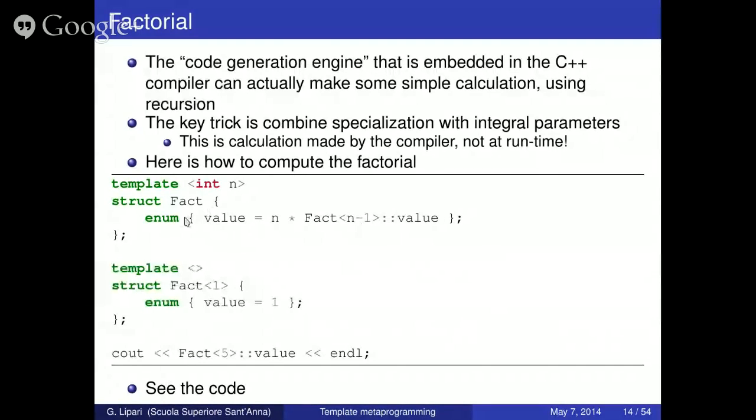So it puts 4 here, and it sees that to compute it, it needs factorial 3, and so on and so forth. And finally, thanks to the pattern matching technique, it obtains 1. So it goes back, and finally it computes the real value for the factorial of 5.